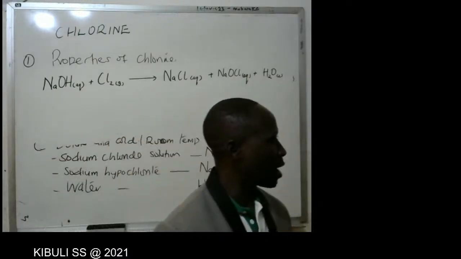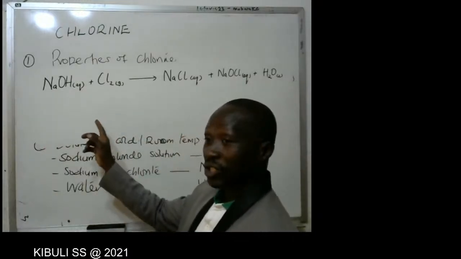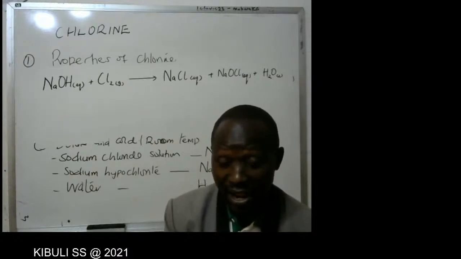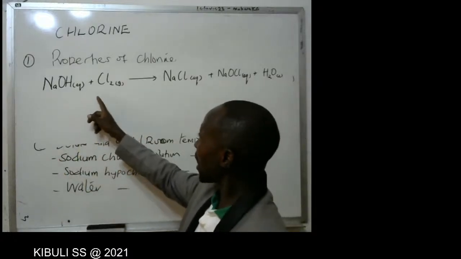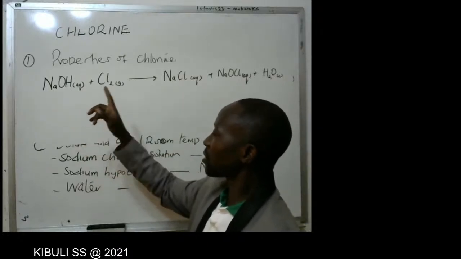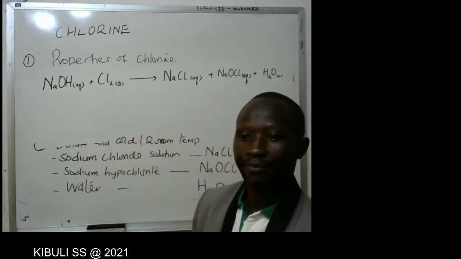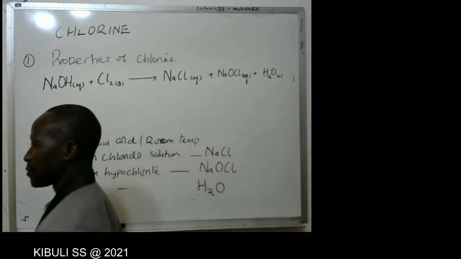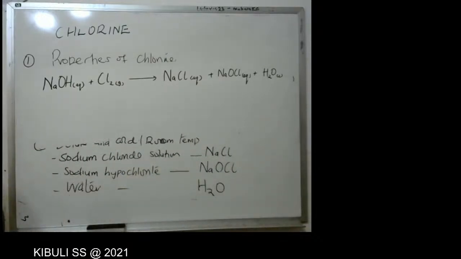One minute now. Write the unbalanced equation of reaction between dilute potassium hydroxide solution and chlorine. Full stop. Name the products formed.